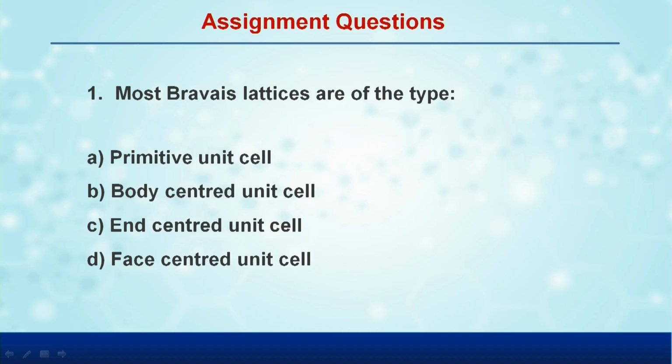The first question was, most Bravais lattices are of the type: option A, primitive unit cell, option B, body-centered unit cell, option C, end-centered unit cell and option D, face-centered unit cell.